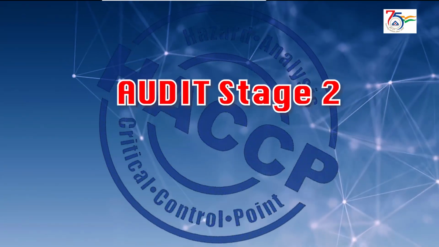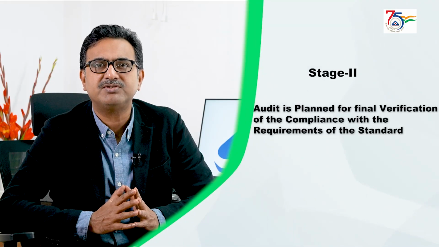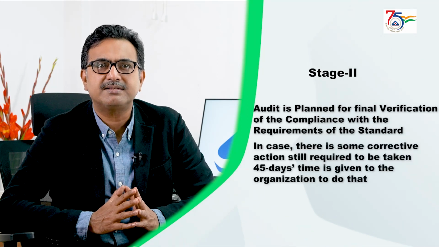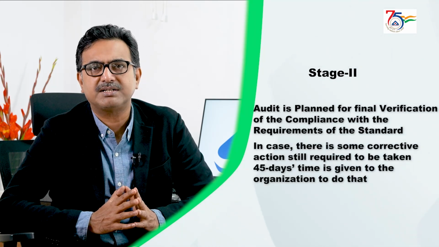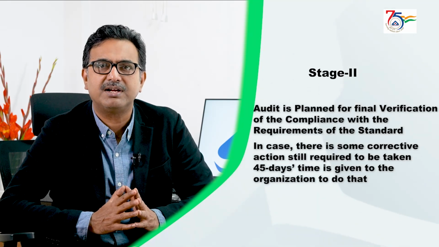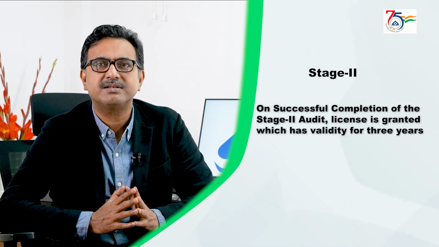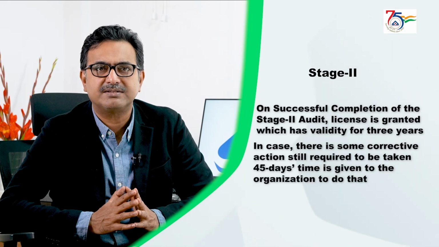On successful completion of Stage 1 audit, Stage 2 audit is planned for final verification of the compliance with the requirements of the standard. In case there is some corrective action still required to be taken, 45 days time is given to the organization to do that. On successful completion of the Stage 2 audit, the license is granted, which has a validity of 3 years.